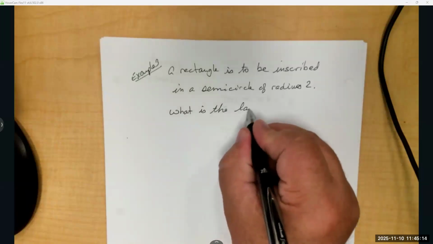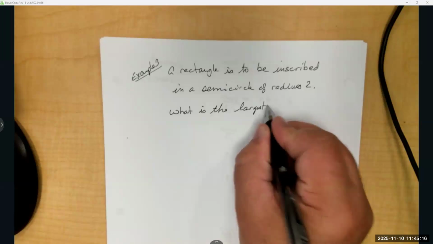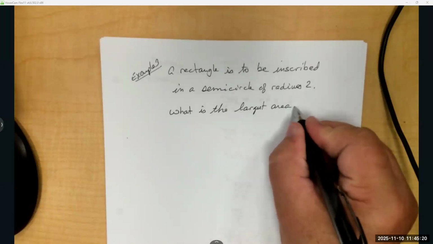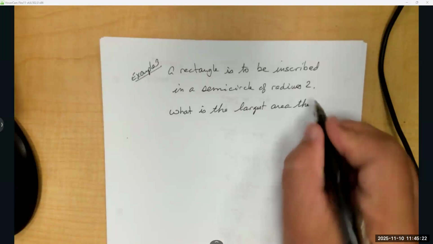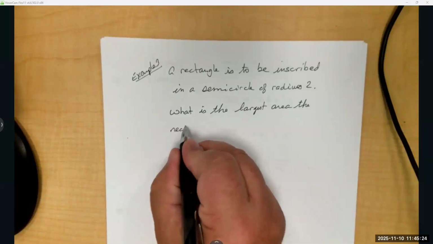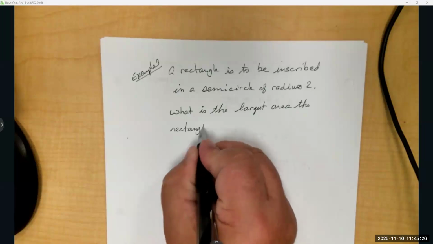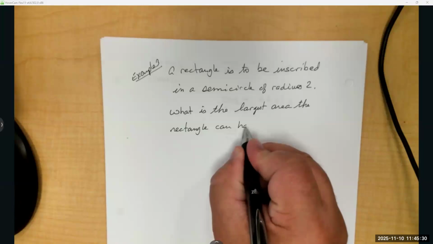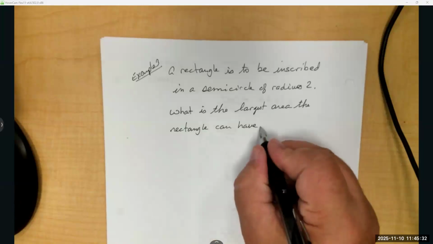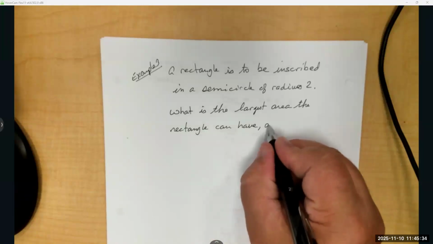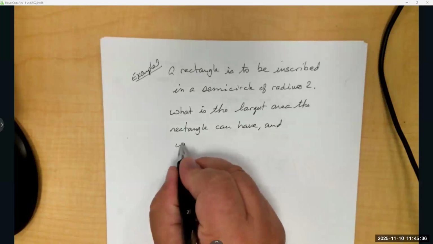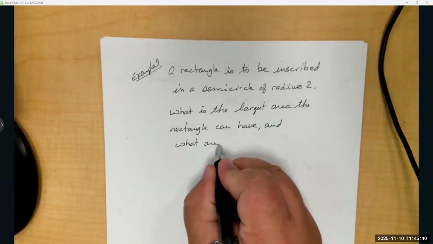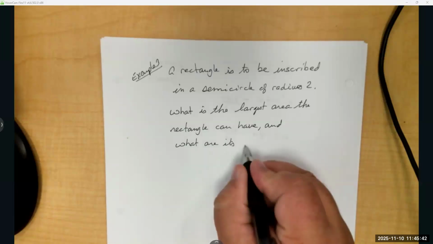What is the largest area the rectangle can have? And what are its dimensions?